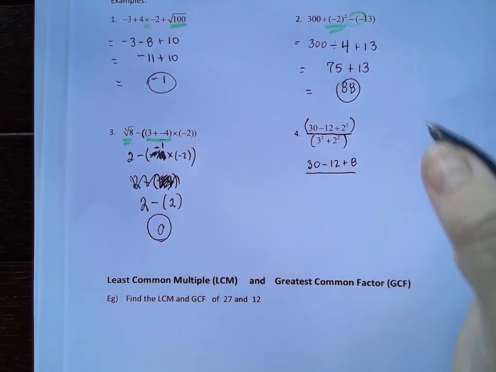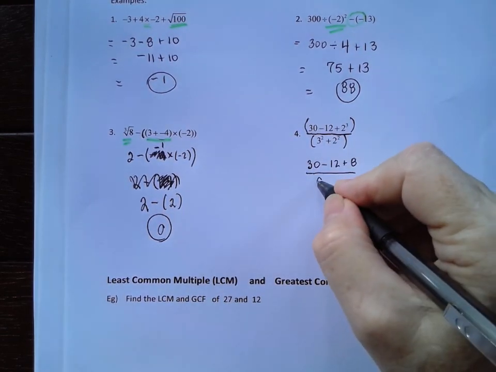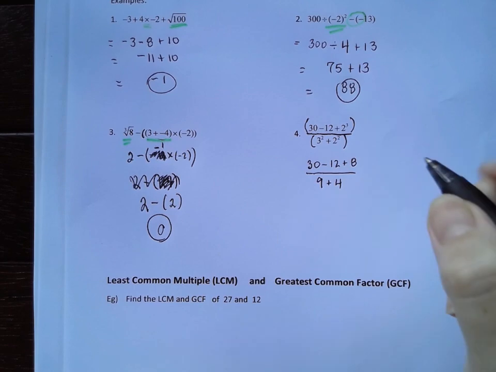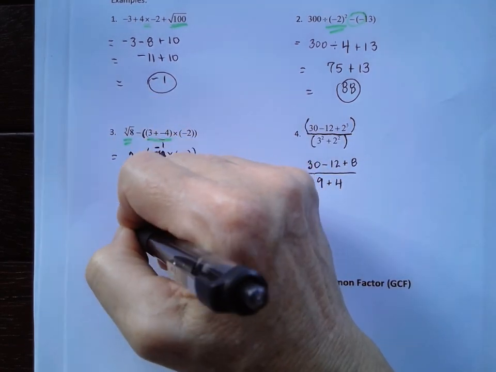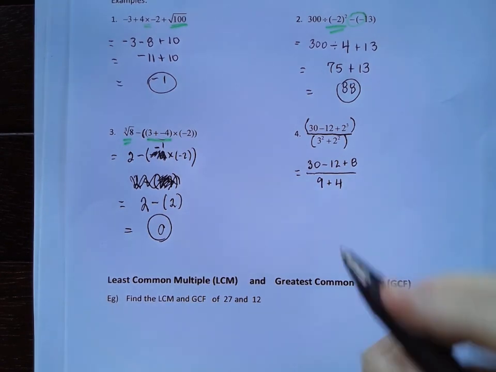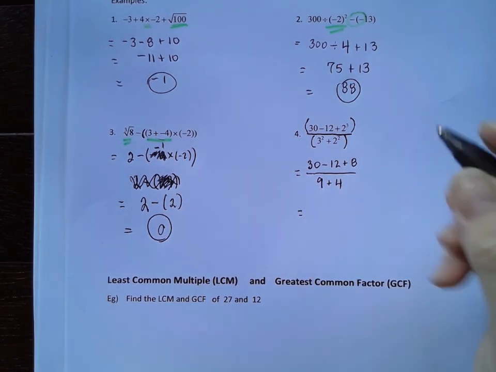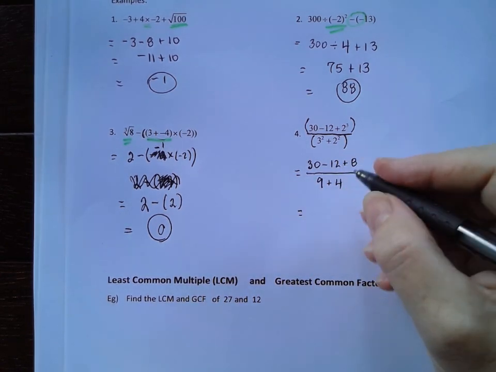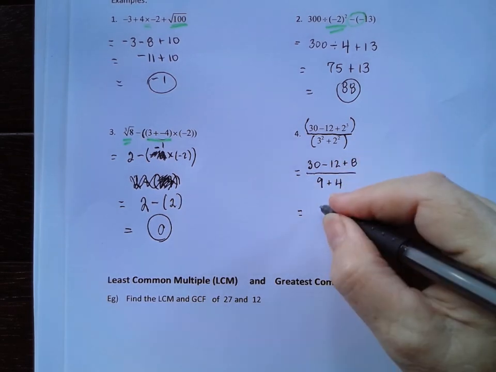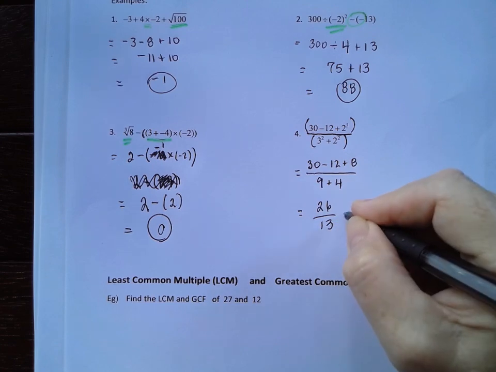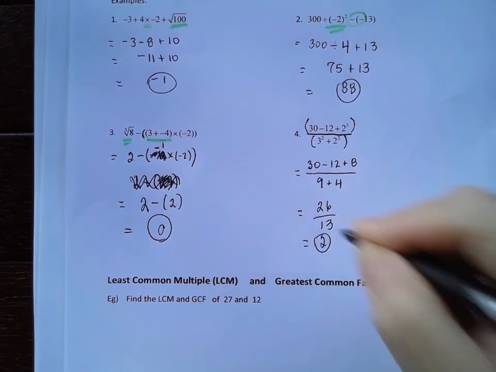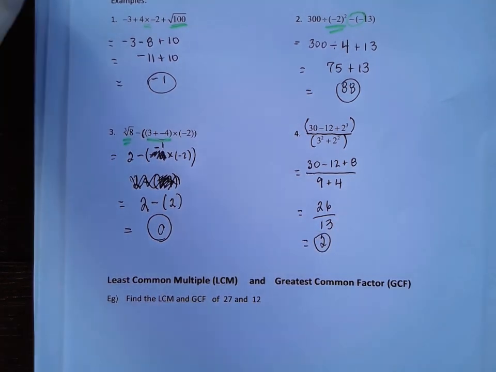And then down here I have 3 squared, 9, plus 2 squared, 4. Okay, that's equals, equals, get rid of that, equals, equals. All right, so equals, I have 13 minus 12. I think that's 18. 18 plus 8 is 26. Divided by 9 plus 4 is 13. So that gives me 2. Easy. Just little things you've got to remember.